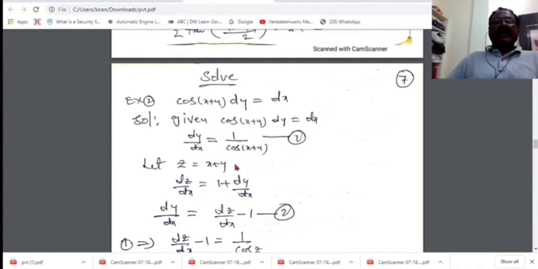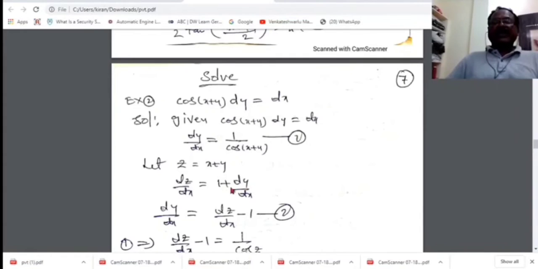Now substitution: let z is equal to x plus y. Now differentiating with respect to x on both sides. Now z derivative is dz by dx, equal to x derivative 1 plus y derivative with respect to x, dy by dx.